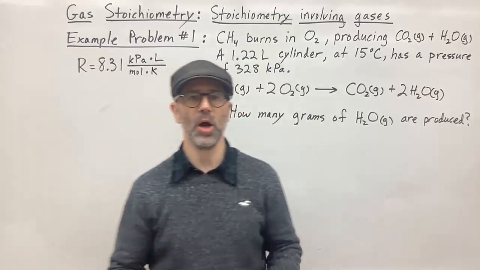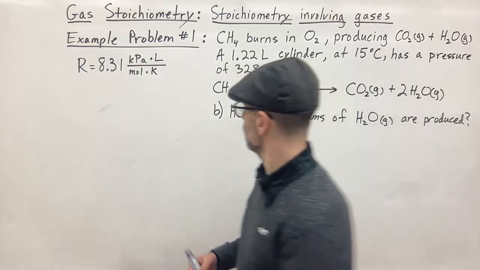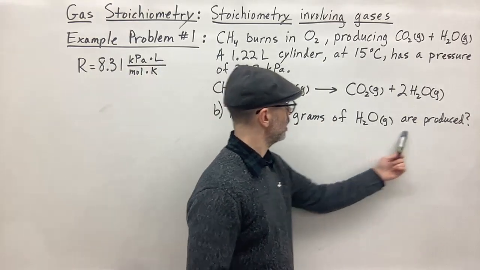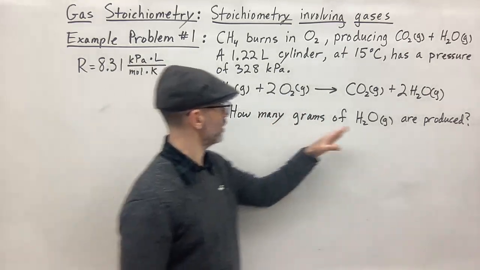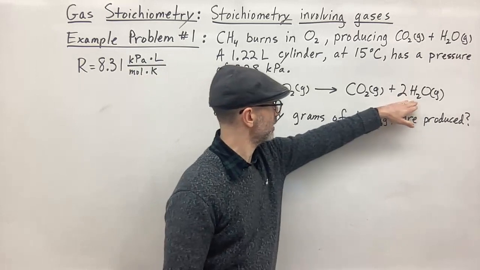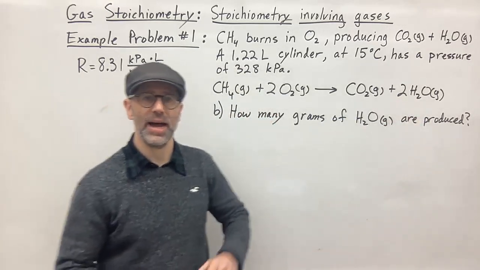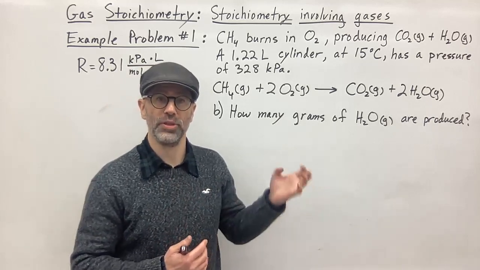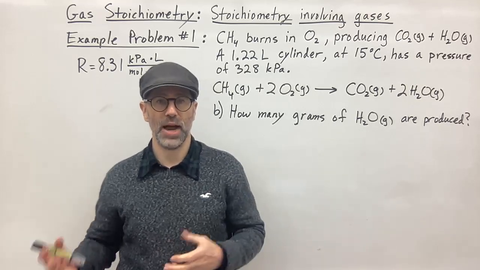Okay, so part B of this example problem is asking us how many grams of H2O are produced. So in this case, I want to know the grams of a product, in this case, water vapor. Now in part A, I have calculated the number of moles of both the CH4, which is methane, and the moles of oxygen.